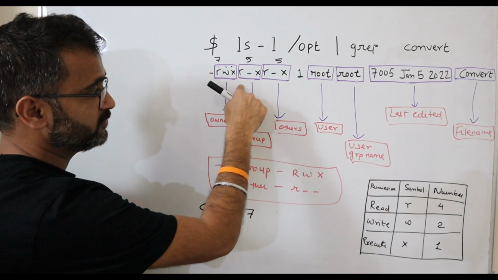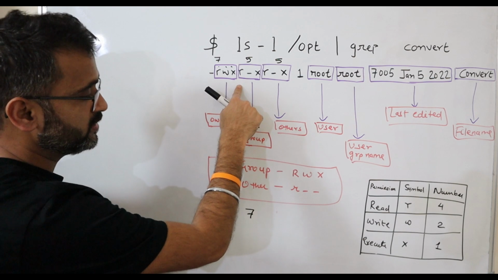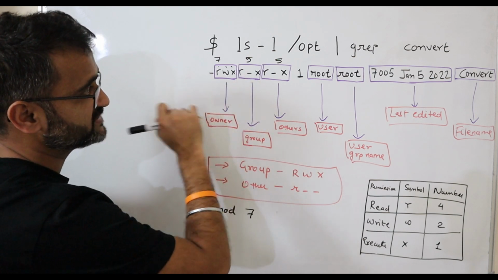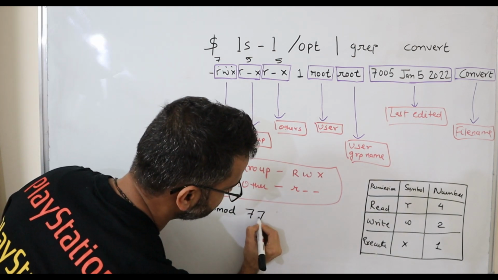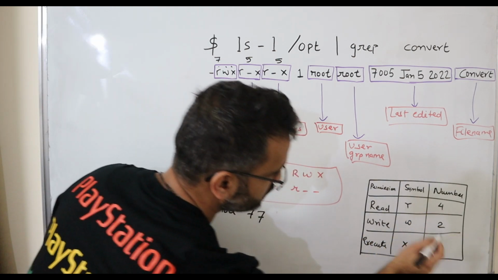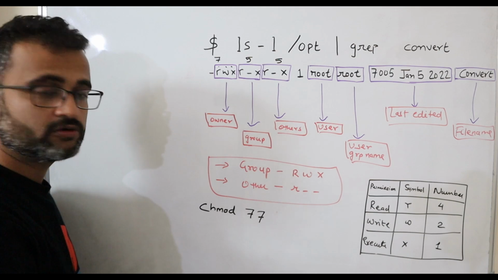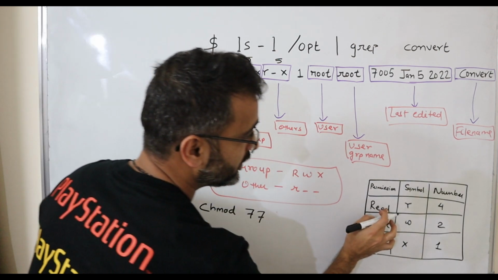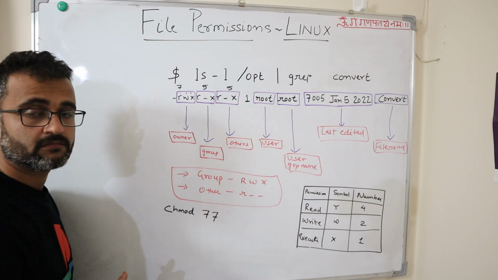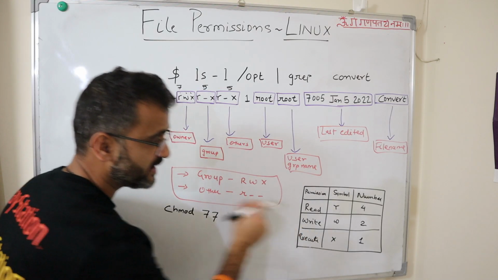For the group, we now want the write permission as well. So it will again be read, write, execute. So this will also be 7, because 4 plus 2 plus 1, read, write, execute, all together is code 7. And for the last one, other, we only need read permission. Okay, we don't need the write and the execute.